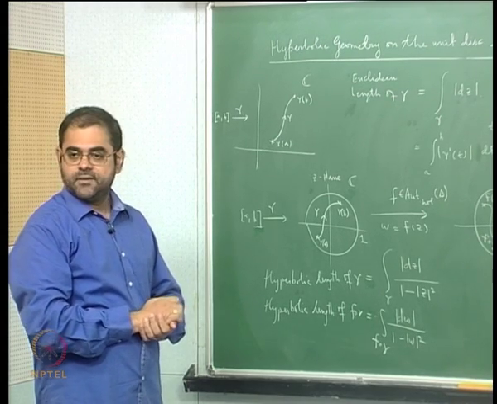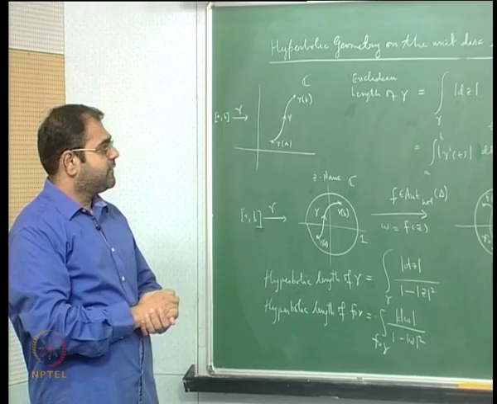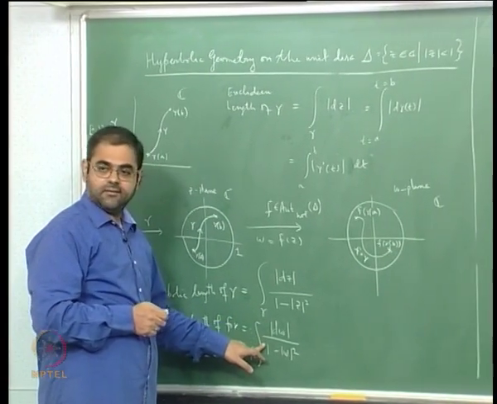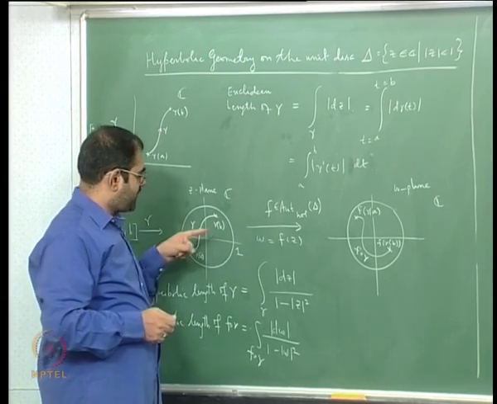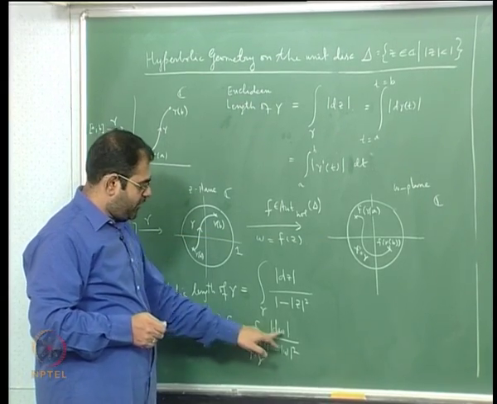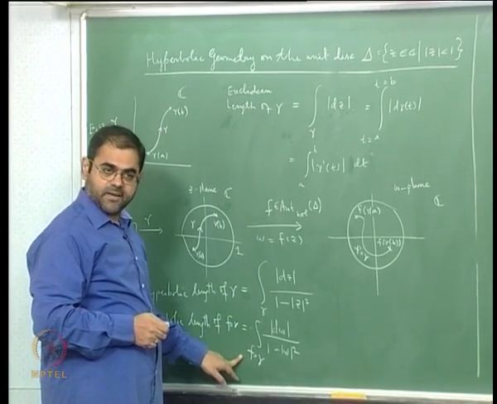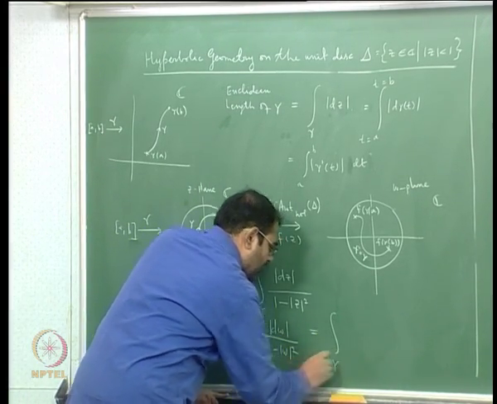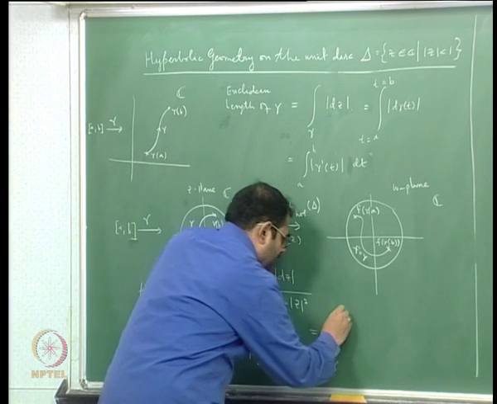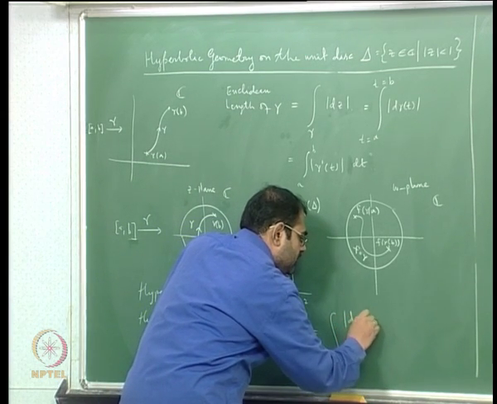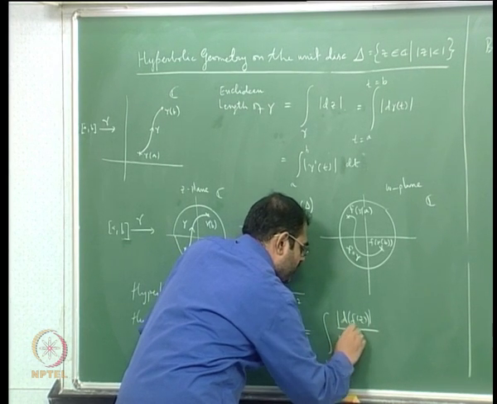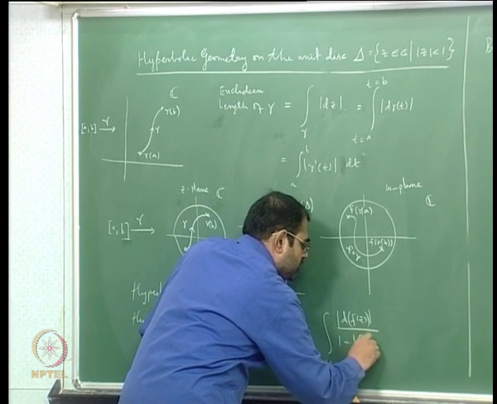But then in this integral, I can make a change of variable by putting w equal to f(z). If I make a change of variable, then this integral is the same as the integral over gamma of mod d f(z) by 1 minus mod f(z) the whole squared.